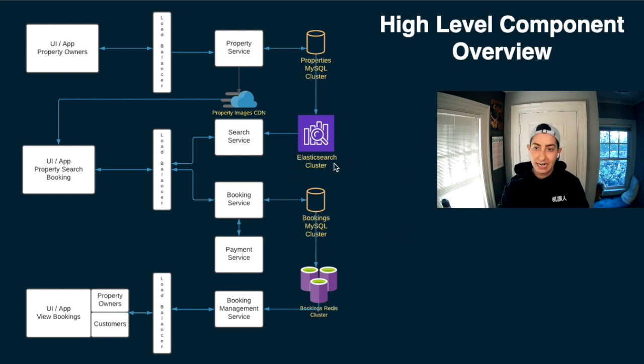So you can see that that's driving this middle piece, as well as a separate bookings MySQL cluster, which is where the bookings are stored. So that's its own component. And then finally, we have this viewing of the bookings, where we're just looking at whatever has been booked, and we're keeping that in this bookings Redis cluster. And Redis, if you don't know, is just a way of caching things. So we don't have to be checking a database every time we want to look at all the bookings, because likely someone's going to book a property and then it's going to be booked until they have the vacation and then it's over, right?